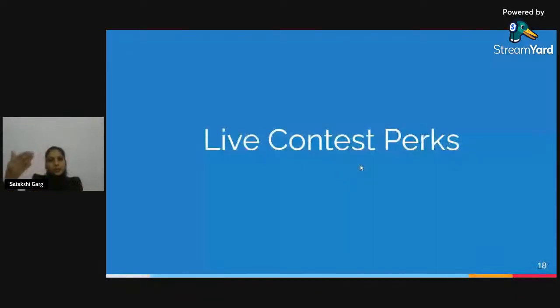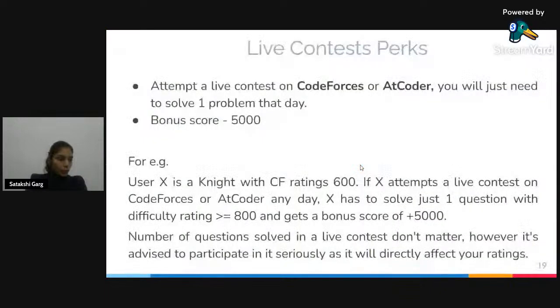So now let's talk about the perks for participating in a live contest, right? Suppose you participated in a live contest which has been conducted on Codeforces or AtCoder. For problem solving, only Codeforces has been considered, whereas for live contests, AtCoder as well as Codeforces both are considered, right? So these two are the sites we'll be considering for live contests.